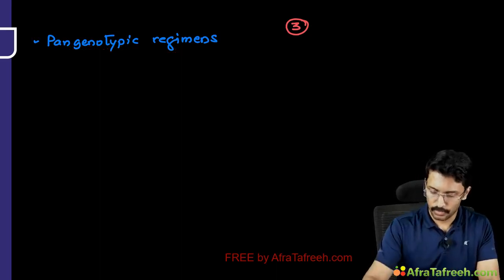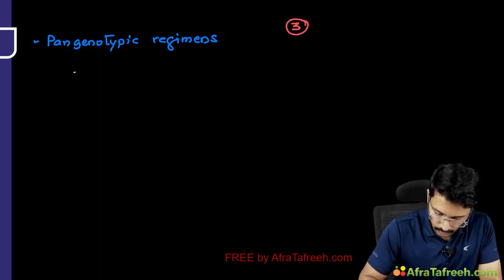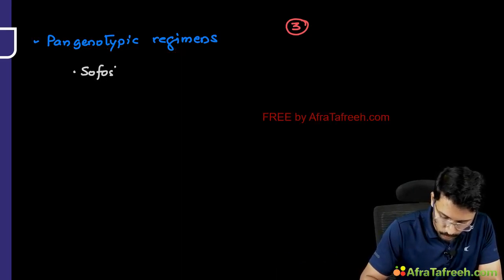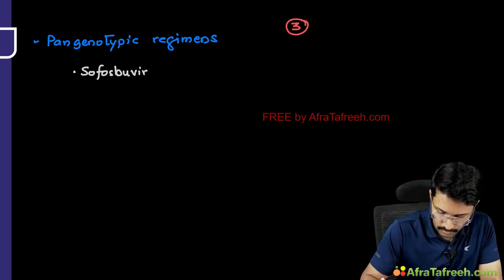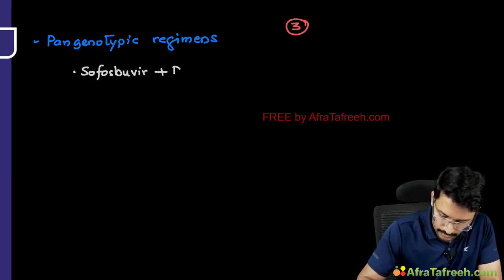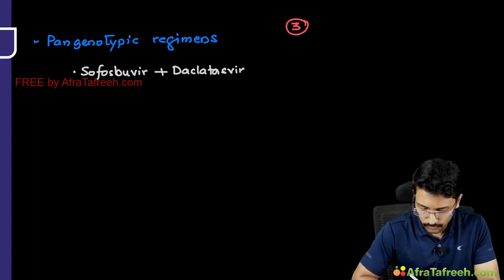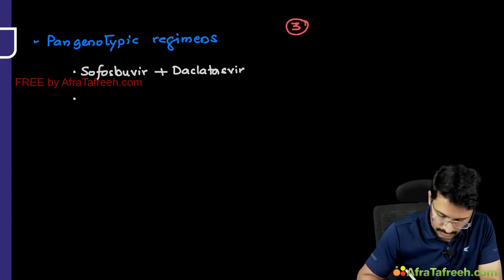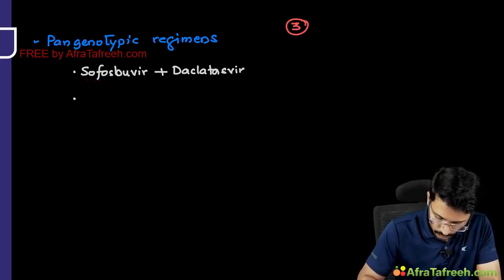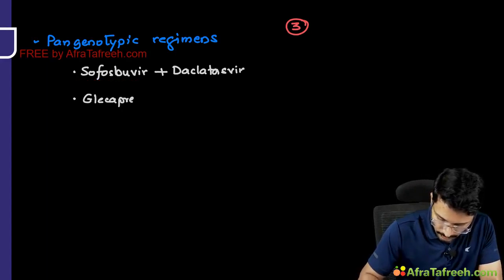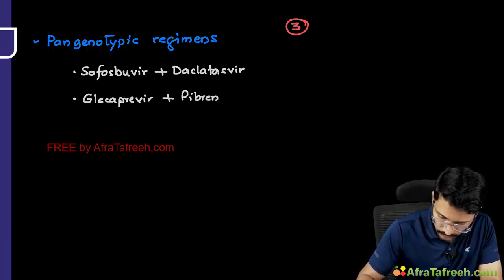Okay. Now what are the pan-genotypic regimens? Okay, I'll tell you. The first combination you need to remember is sofosbuvir, right? Buvir is which one? NS5B inhibitor, plus daclatasvir. So asvir is which one? Which is NS5A inhibitor. So sofosbuvir plus daclatasvir, that is one regimen. Second one is glecaprevir and pibrentasvir. Okay.